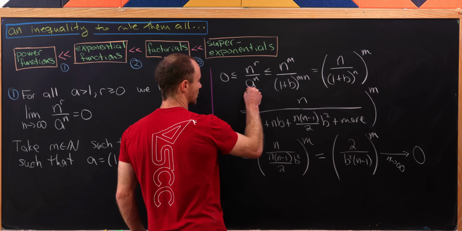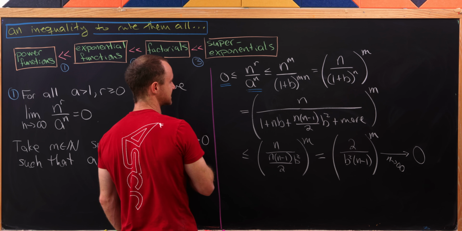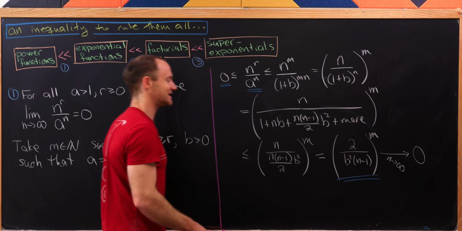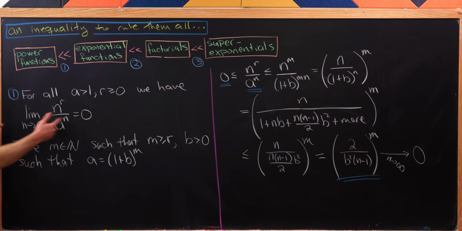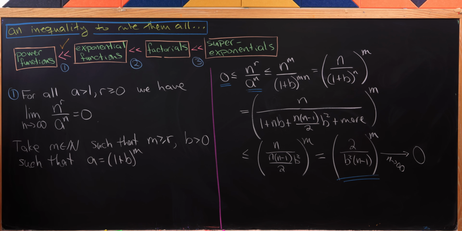We've pinned our goal sequence between the constant sequence 0 and a sequence that tends towards 0. So by the squeeze theorem, that means we have this limit right here. And so that means we have indeed established this growth inequality. Okay, now let's move on to the second one.